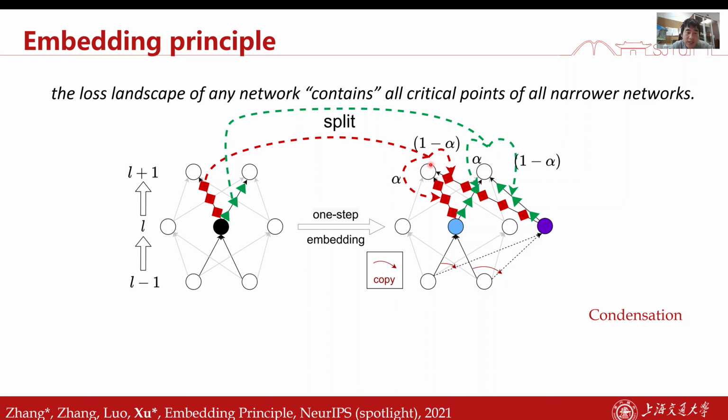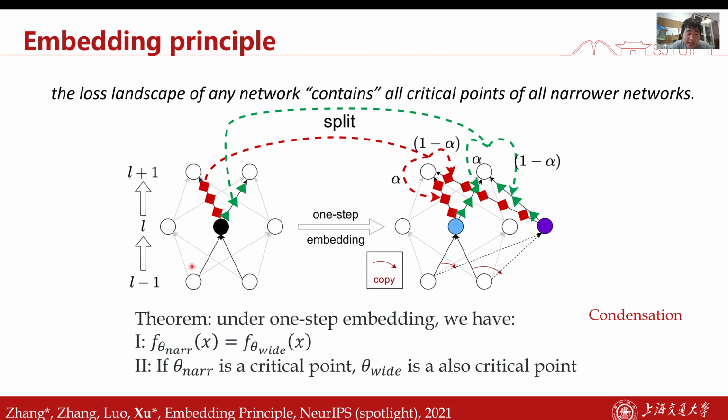So for this neuron, in the previous structure it received the full output from this black neuron, but now it receives alpha percent and 1 minus alpha percent from these two neurons respectively. But their summation is the same as in the original network. So it's easy to see that the outputs of the narrow neural network and the wide neural network should be the same.